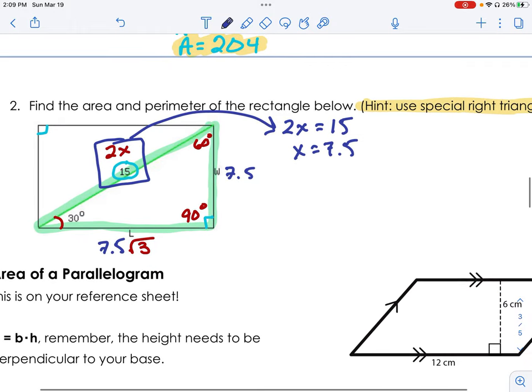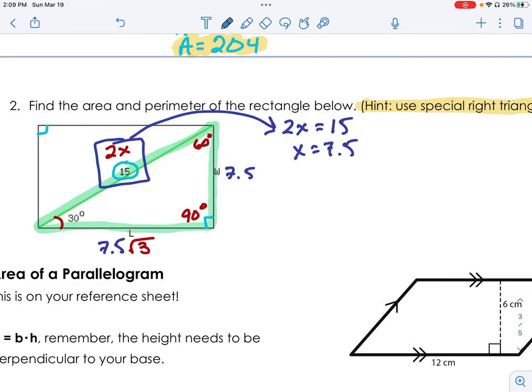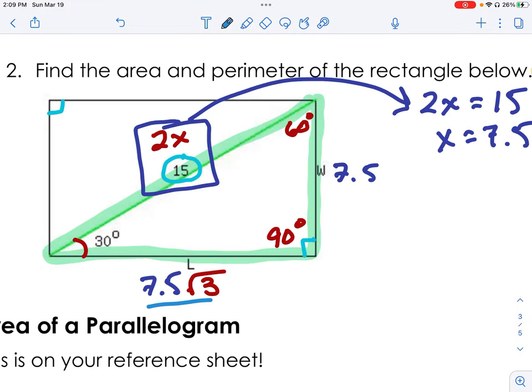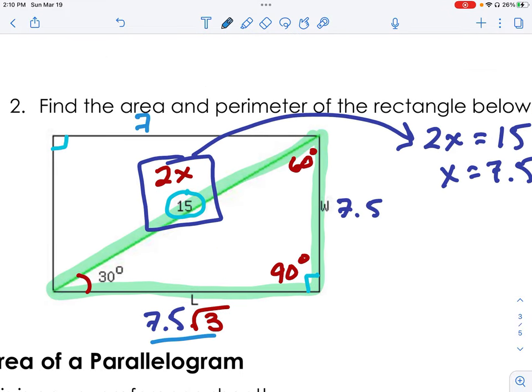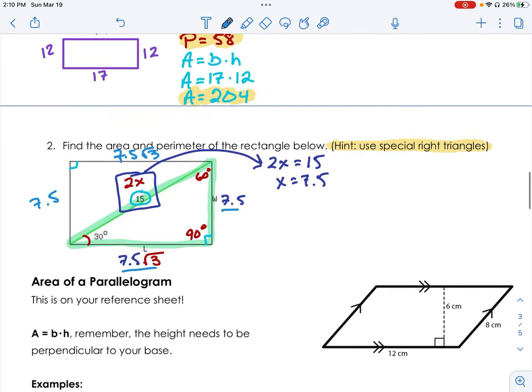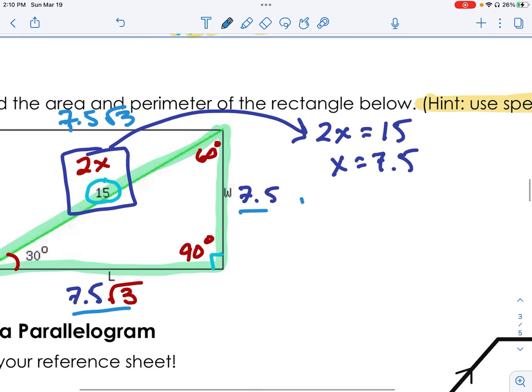And now we can go back to the original problem that wants us to find the perimeter and the area for the rectangle. So we have 7.5 radical 3. We also know that this will be 7.5 radical 3. And then if this is 7.5, the other opposite side will be 7.5 as well. So to find the perimeter, we would add all of these together.